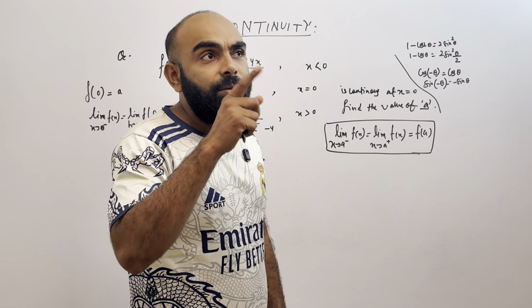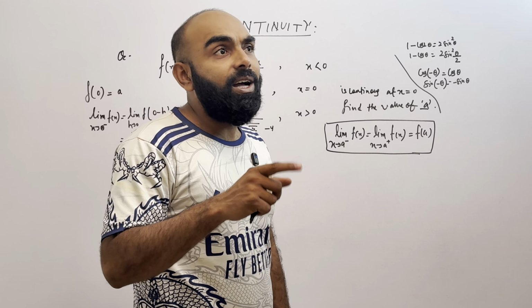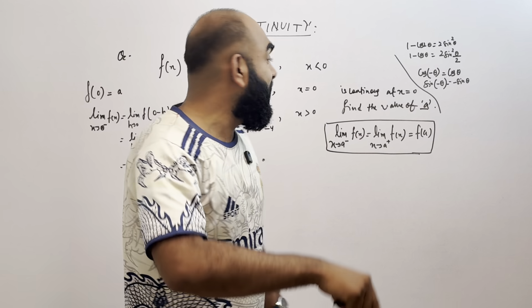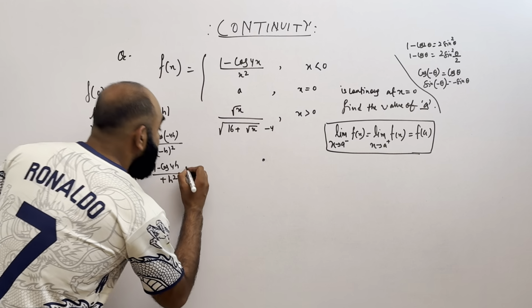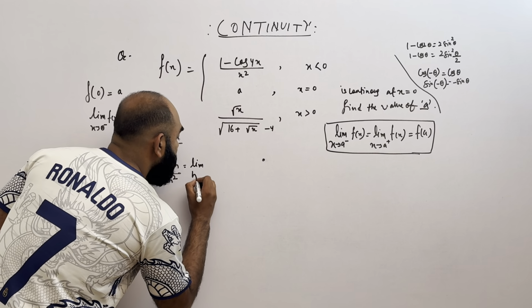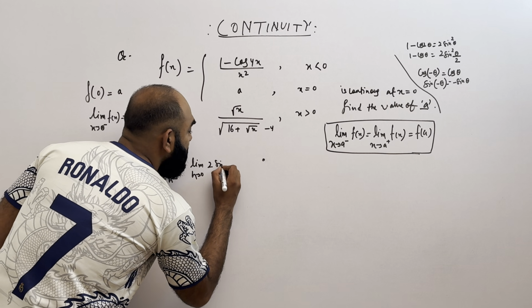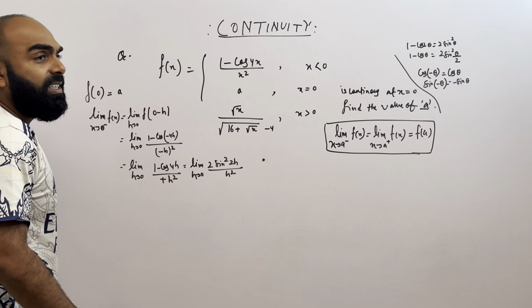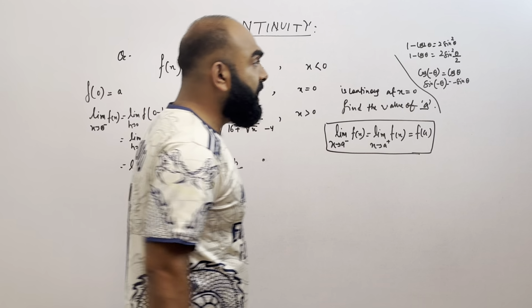If it is 2 theta, it becomes 2 sin square theta. So if it is 4 theta, it becomes 2 sin square 2 theta. Very good. So here limit h tends to 0, 2 sin square 2h by h square. Are you getting this point? Now one more thing.